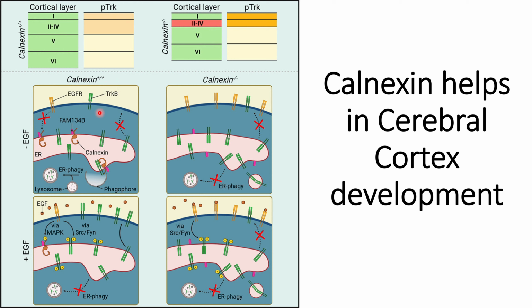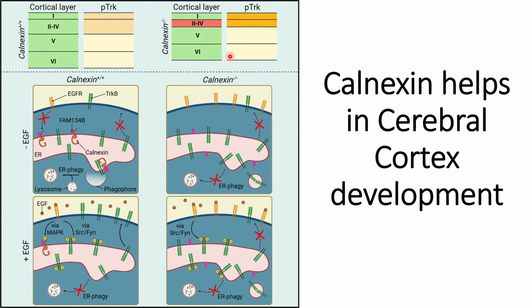TrkB that is present on the cell surface interacts with EGF. Thereafter, that triggers more TrkB on the cell surface, and this TrkB then helps in cortical layer development. However, how the intracellular process occurs is not known.